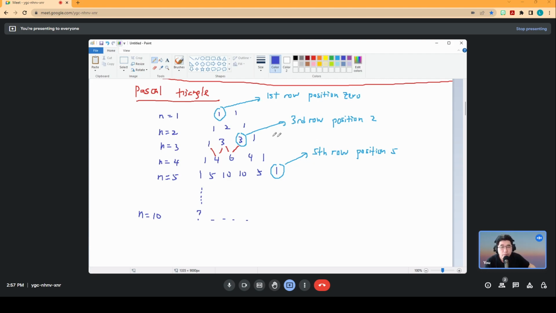By identifying the row and the position, I know that I will have 10 row 0 position, 10 row first position, 10 row second position, and so on. So it can be represented by using nCr, n choose r, which gives you n row, r position.